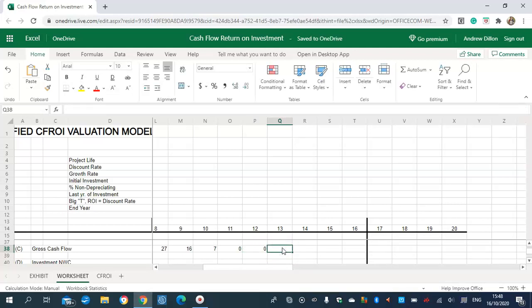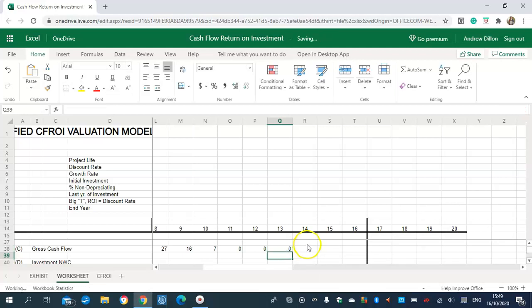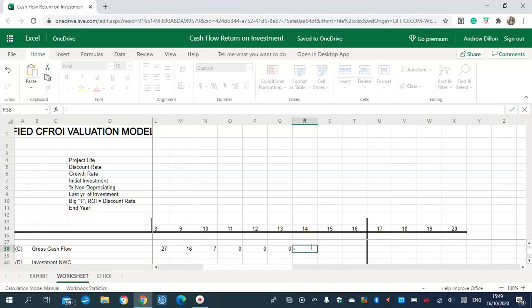Zero. So I reckon all the rest of the numbers up to 20 will be 0. Okay, now into 14 on OR.